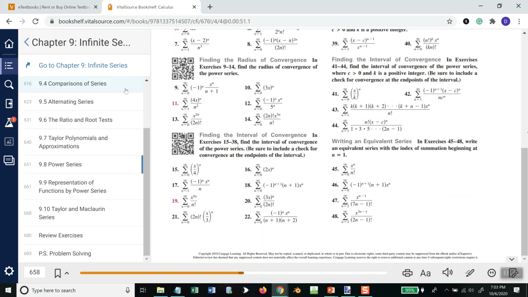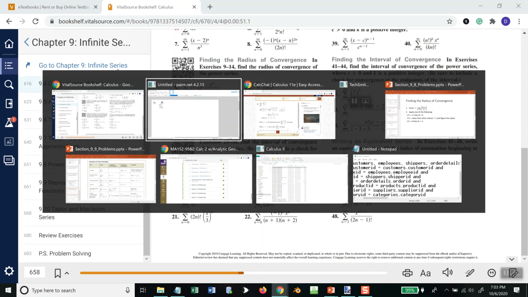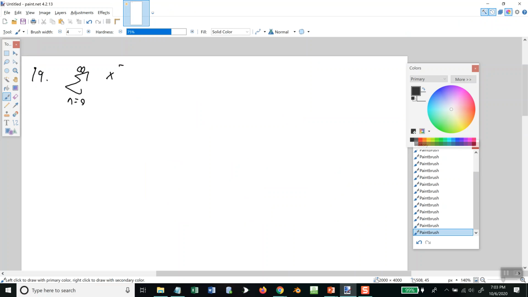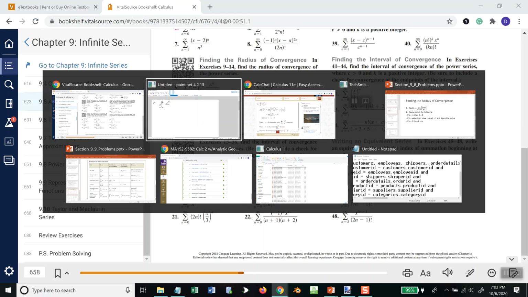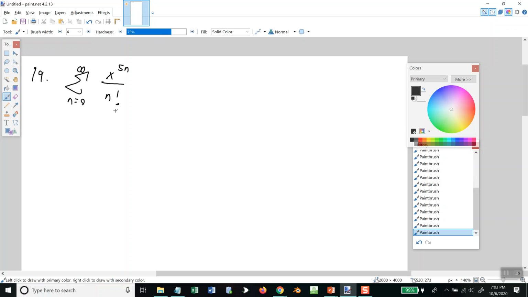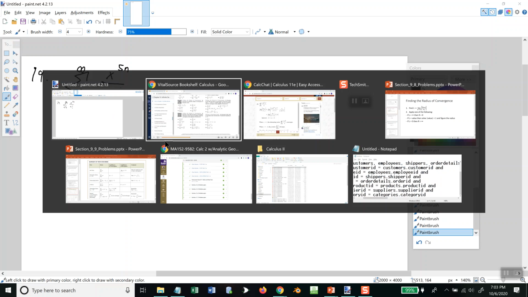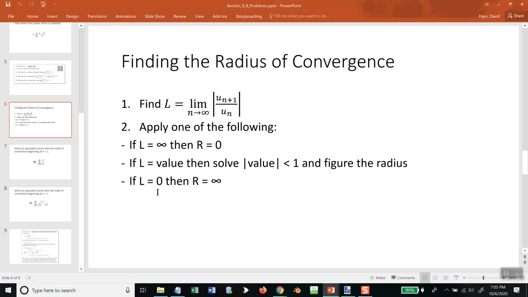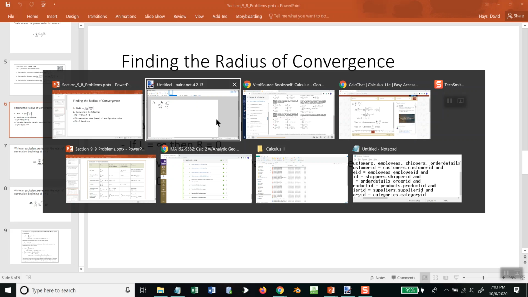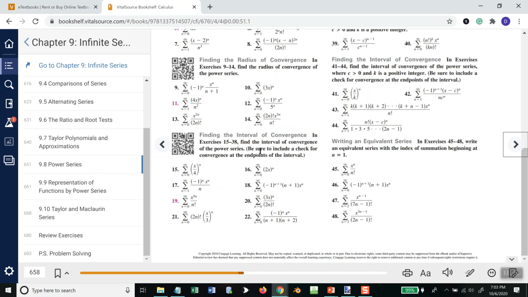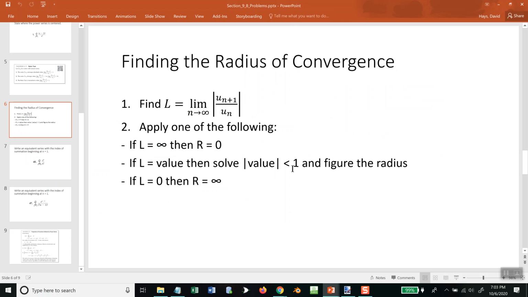Summation from n equals 0 to infinity of x to the 5n over n factorial. And remember, the instructions are to find the interval of convergence.